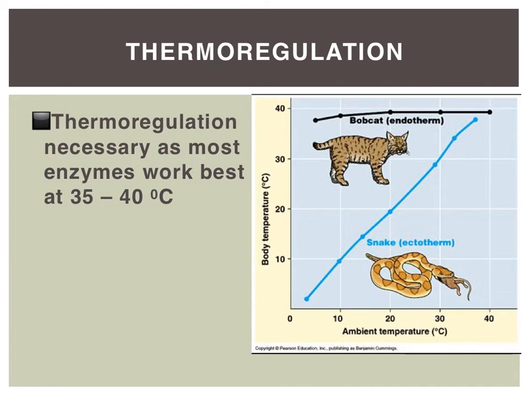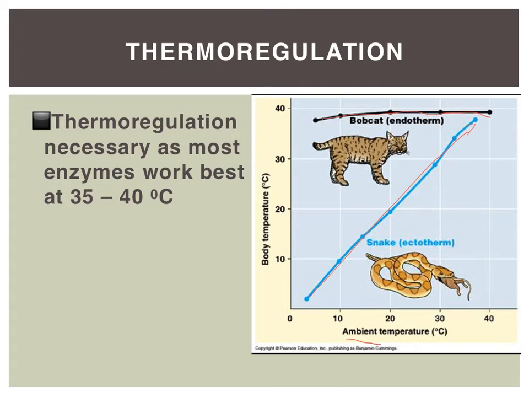And here's the sort of graph that you see with looking at the difference between your ectotherm and your endotherm. So in the example here, we've got the snake down here, which is the ectotherm, and as the ambient, that's the surrounding temperature, increases, then the body temperature of the snake increases. On the other hand, when it comes to the bobcat, well, the body temperature stays relatively stable. It's a little bit lower when it is colder, but not anything drastic here.